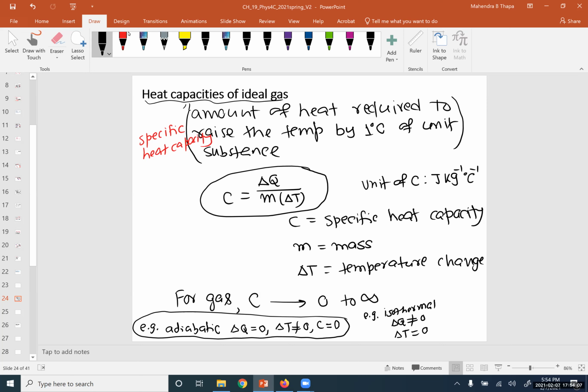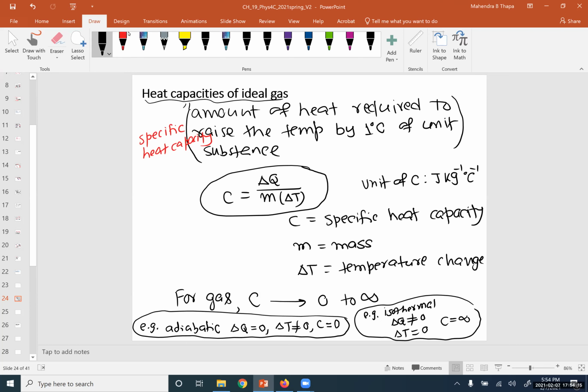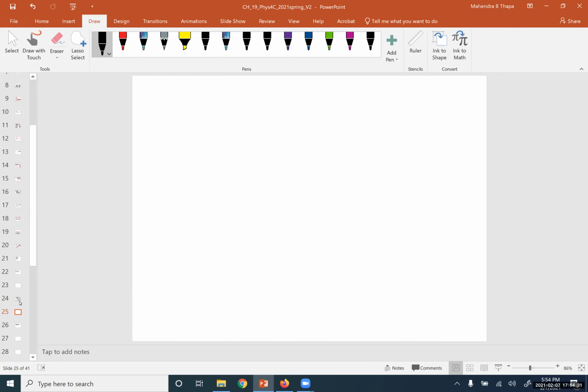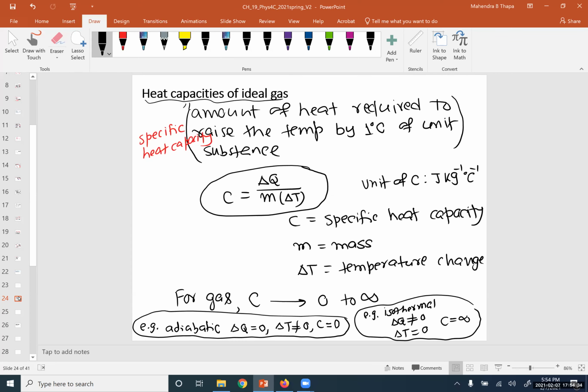So if this is the case, the same gas has a specific heat capacity of infinite. Okay, but we know this scenario will not give you any useful result. For that reason, the two most important cases we consider are that either we keep the volume constant or we keep the pressure constant to define the specific heat capacity for gas.